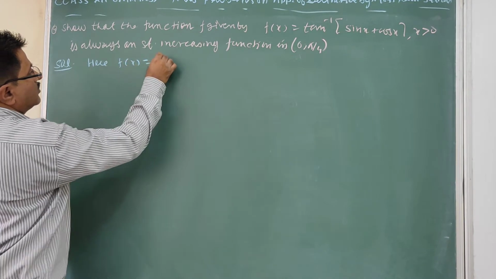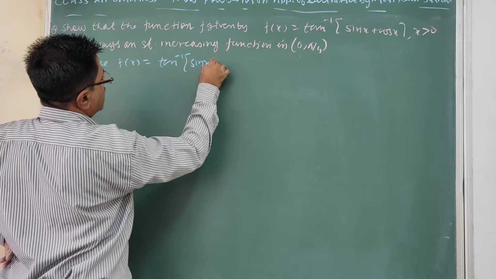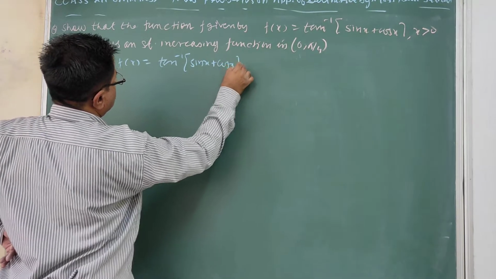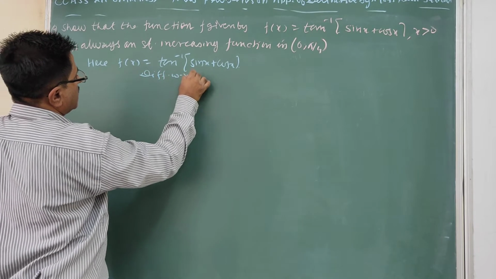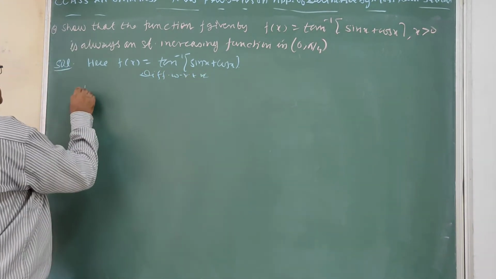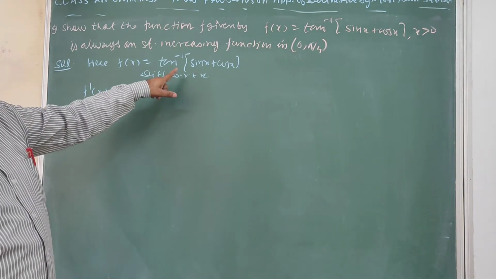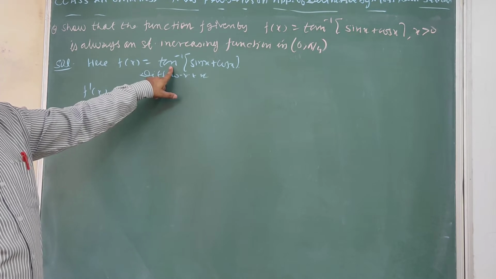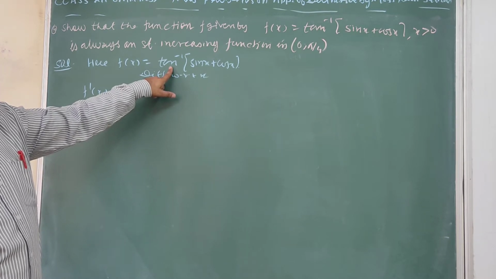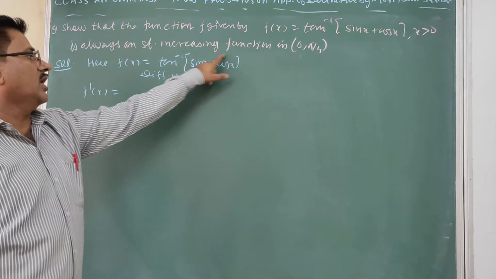f(x) equal to tan inverse of (sin x plus cos x). So if you differentiate with respect to x, on the left side f dash x. Now the derivative of tan inverse: we take the bracket value as x, that is, this is the whole x.